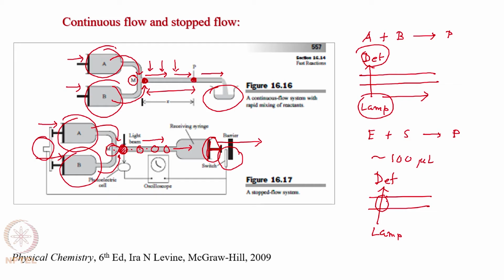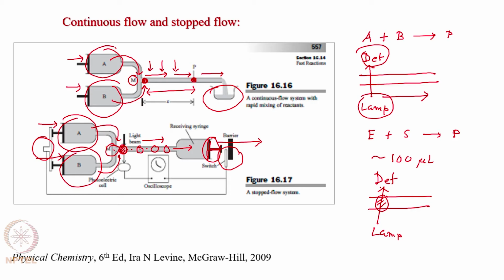Here the flow has stopped, the mixing is completely done, as soon as the circuit is off, and automatically in a feedback electronic circuitry the flow is stopped, and then you start your measuring, and you can sit at a particular region in space and keep on detecting over time.